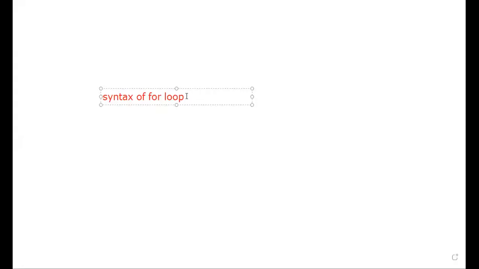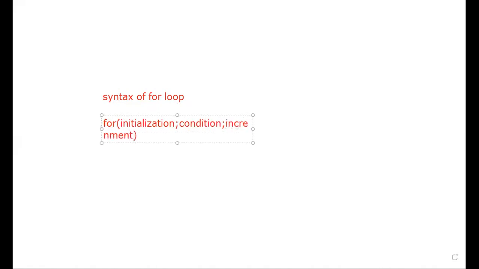Now see, this is the syntax of a for loop. For, then parenthesis, initialization, separated by semicolon, condition, semicolon, increment and decrement.